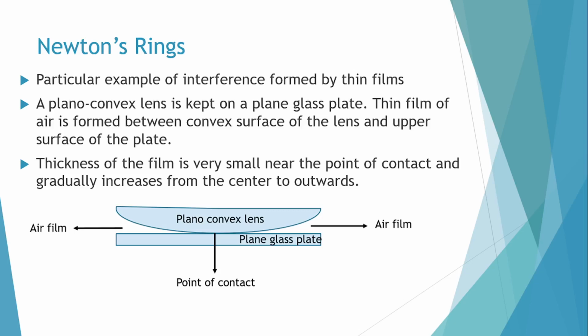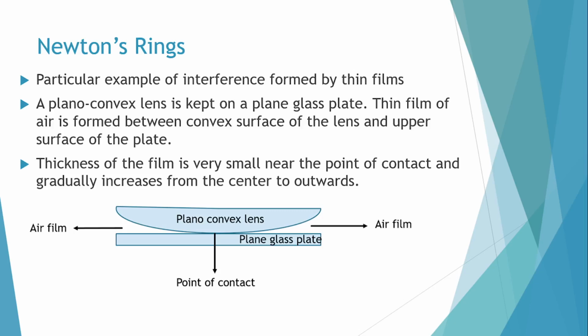And again we deal with the interference formed in thin films: interference in thin films due to reflected light and interference in thin films due to transmitted light.